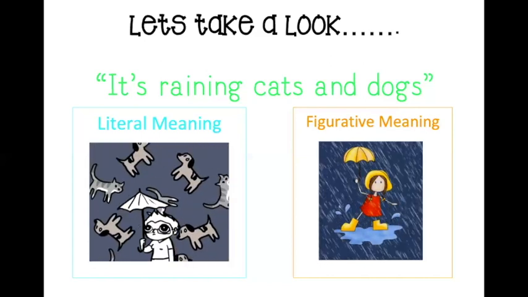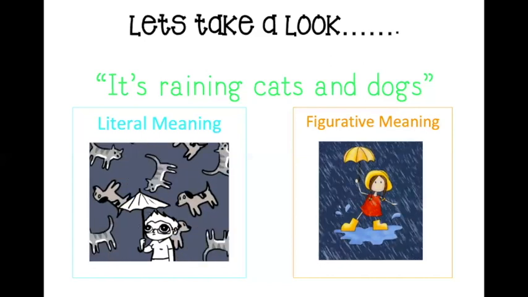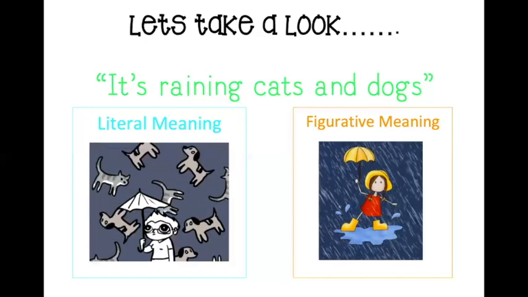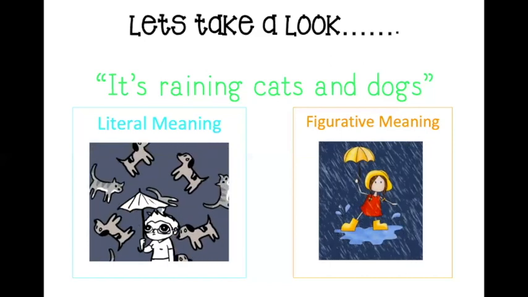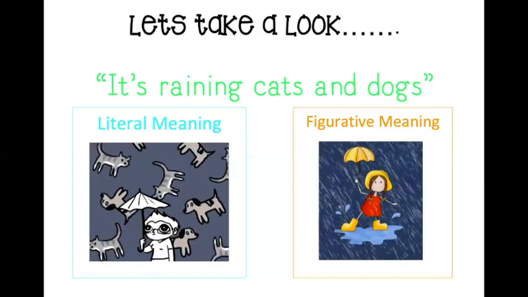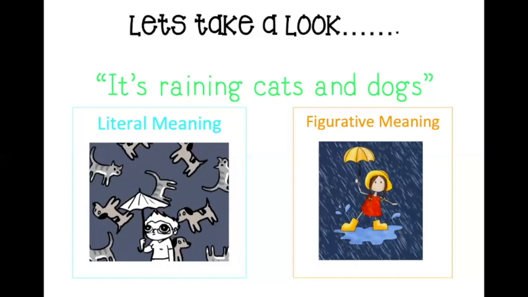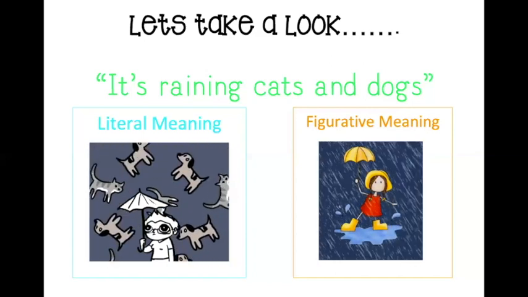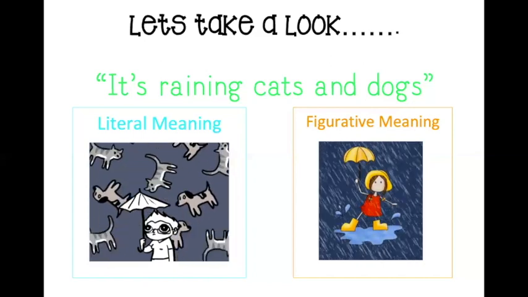So, very different between the two pictures. In one picture we have animals falling out of the sky, which is something we wouldn't see, right? This would never happen. But on the right side, we see what is actually meant when someone says "it's raining cats and dogs." We understand that it's not meant to be taken literally, but is more of an exaggeration instead.